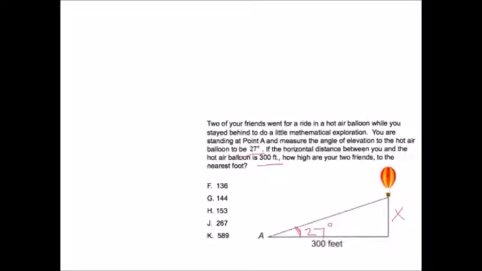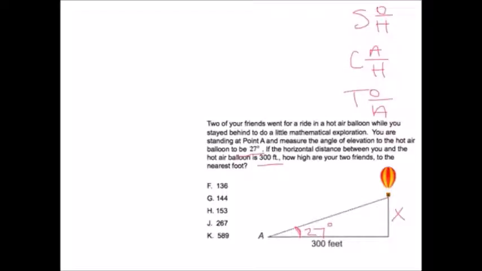We're looking for x. So it looks like we're given one angle and we have two side lengths that we're dealing with, 300 and x. So we need to use SOH CAH TOA. So I'm actually going to write that all out because we don't know which one, sine, cosine, or tangent, we're going to be able to use to solve this problem.